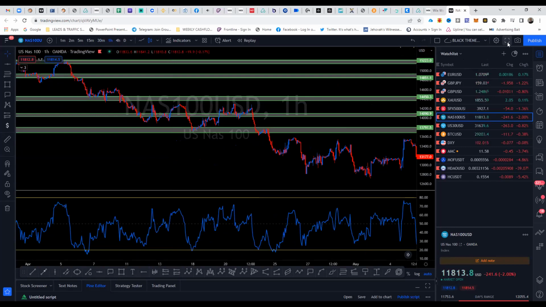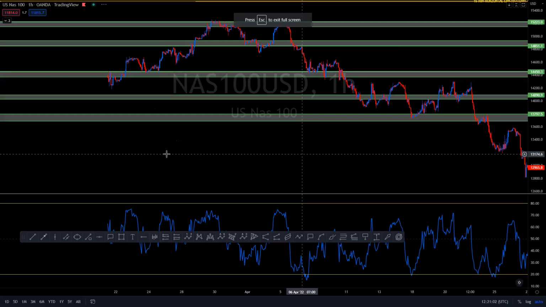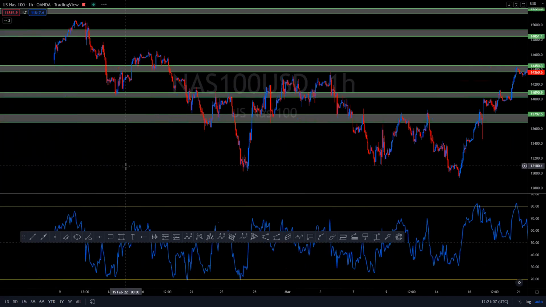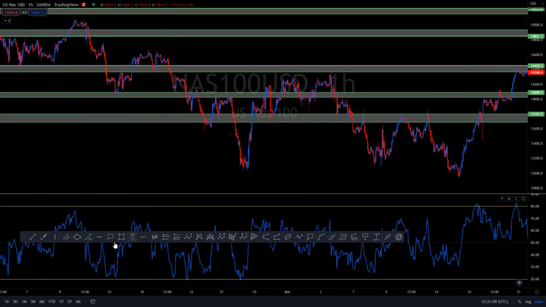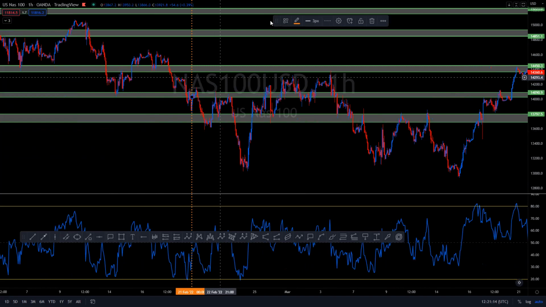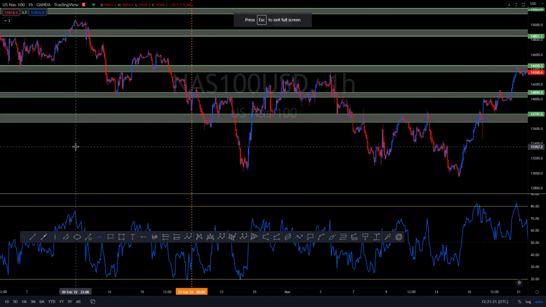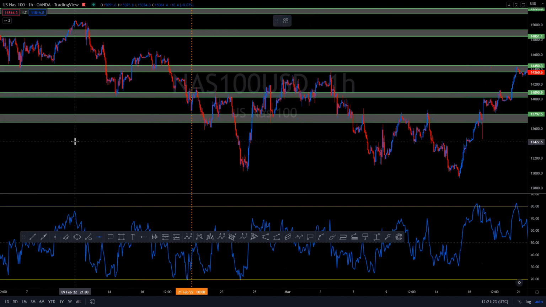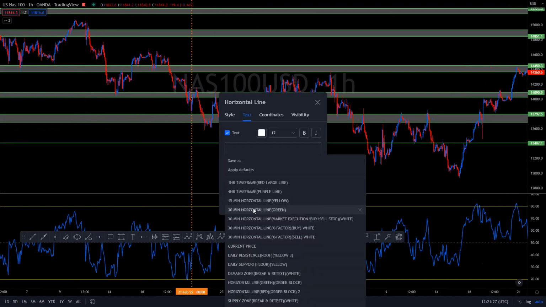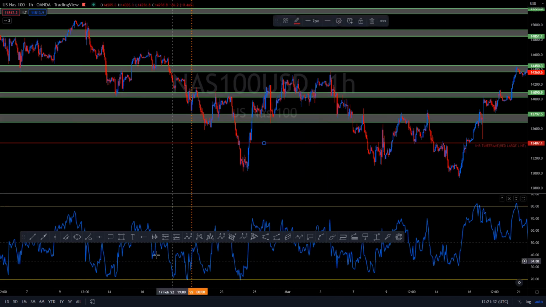Let's move on to the 1 hour time frame. We marked all this up from the 1 hour time frame here. So now we're going to put a vertical line here. Red here.